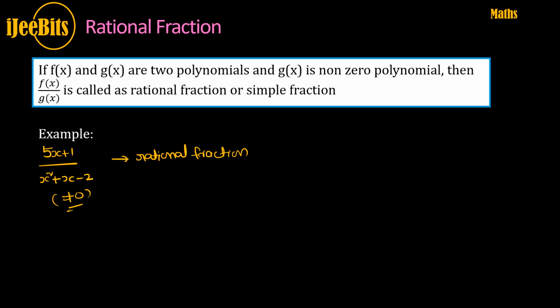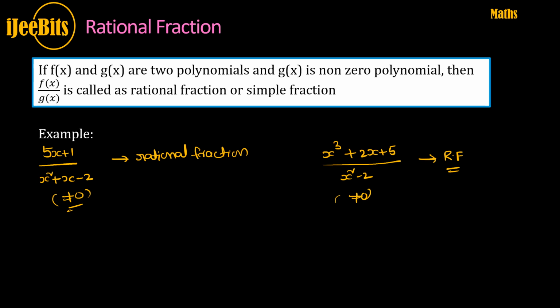Let's give one more example. x cube plus 2x plus 5 over x square minus 2 divided by 2. This is also a rational fraction because the denominator is non-zero and both are polynomials.